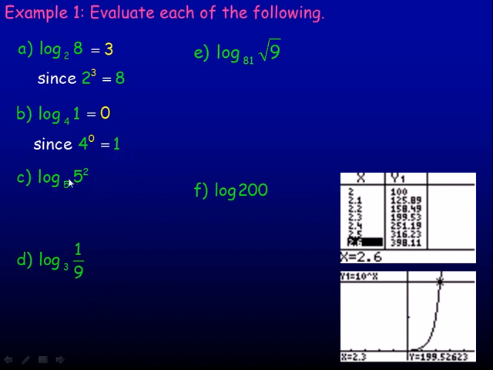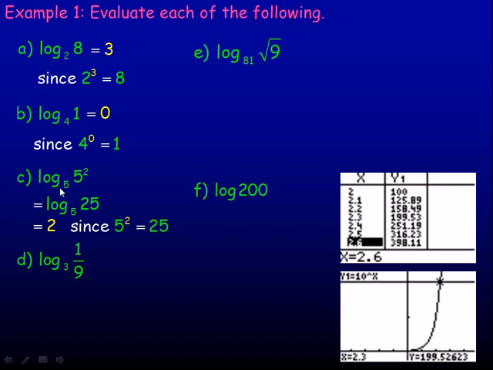For c here, we're asked to evaluate the logarithm base 5 of 5 squared. Now 5 squared is equal to 25, so the question here is now, what power do we raise 5 to get this 25? And of course that's equal to 2, because 5 squared equals 25. This actually demonstrates a rule of logarithms that you might study in your course, and that's if these two bases are the same.